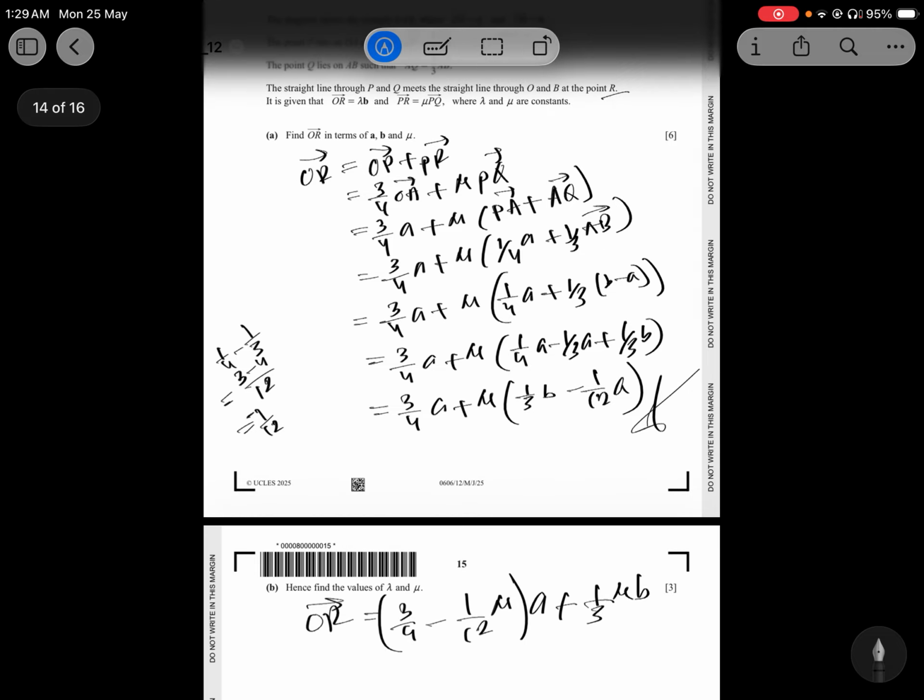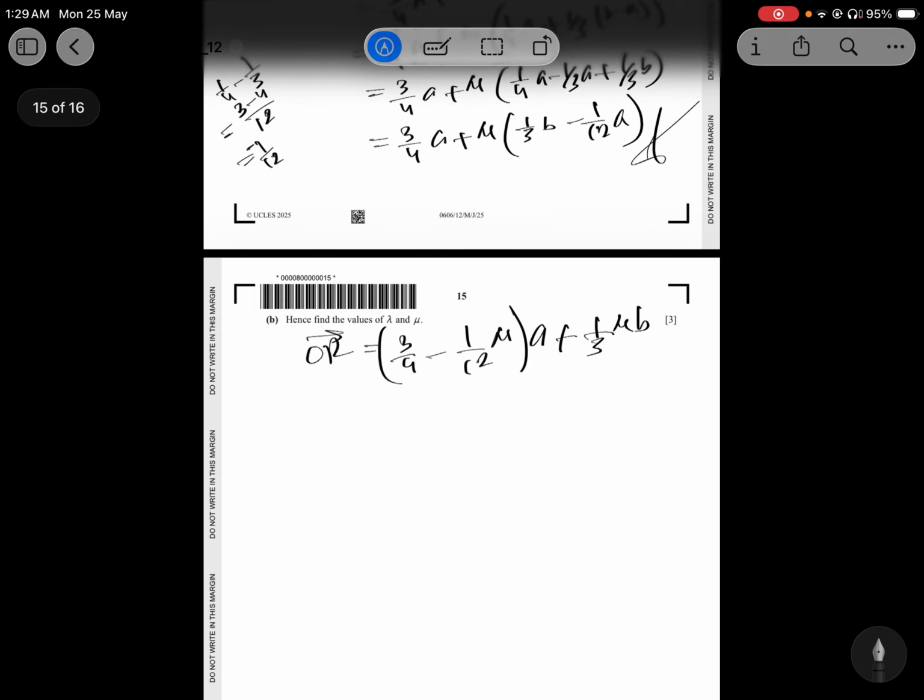So OR is lambda B. Lambda is equal to B by B comparison, right? So equating A and B, lambda is equal to 1 by 3 mu. First thing first.